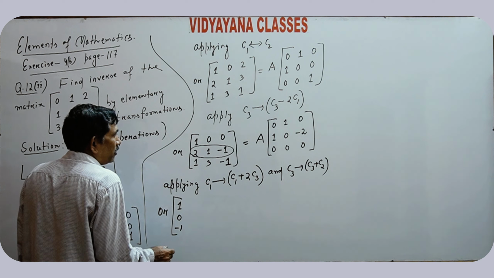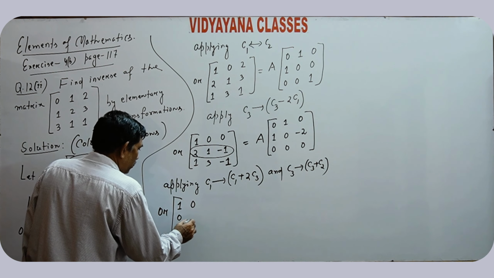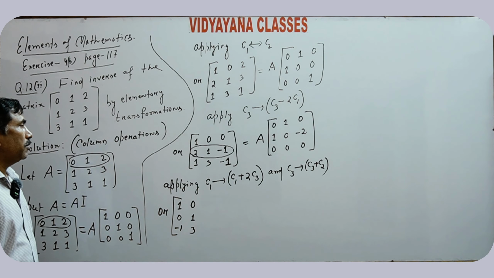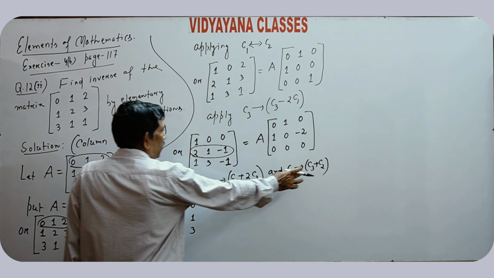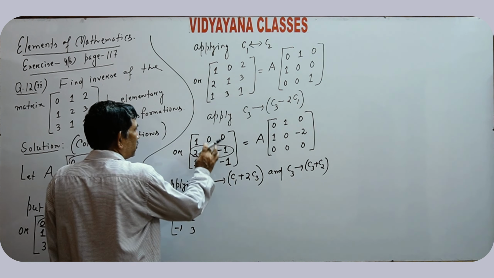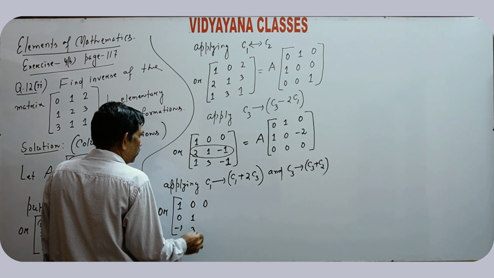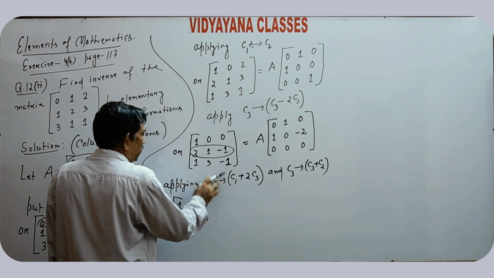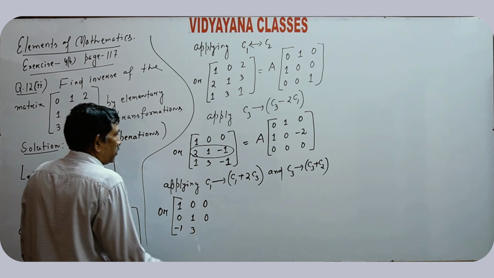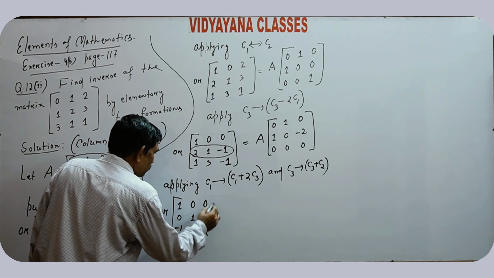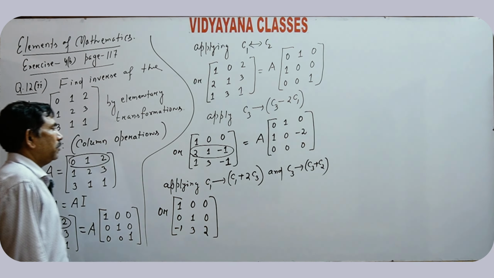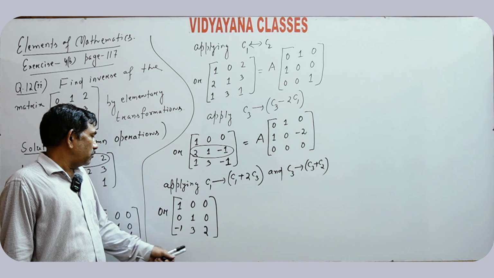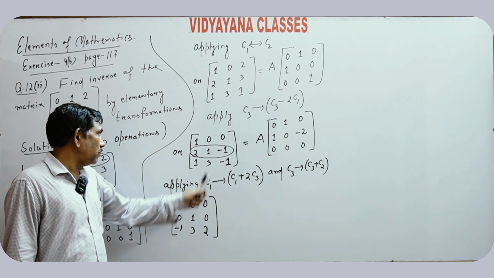No change of column 2: 0 1 3. Column 3 is replaced by column 3 plus column 2: 0 plus 0, that is 0, 1 minus 1, 0, 3 minus 1, that is equal to 2, so 0, 0, 2.